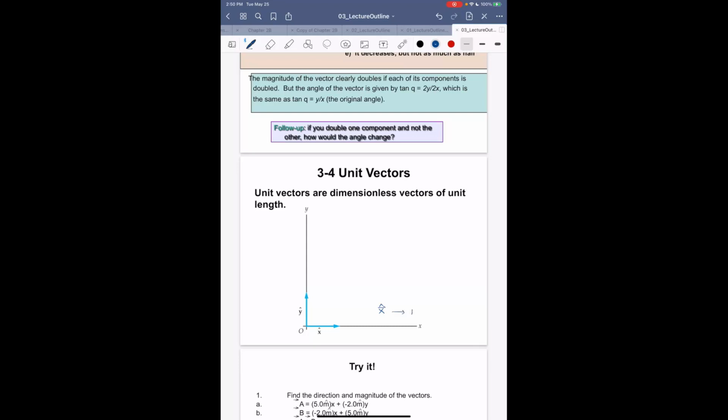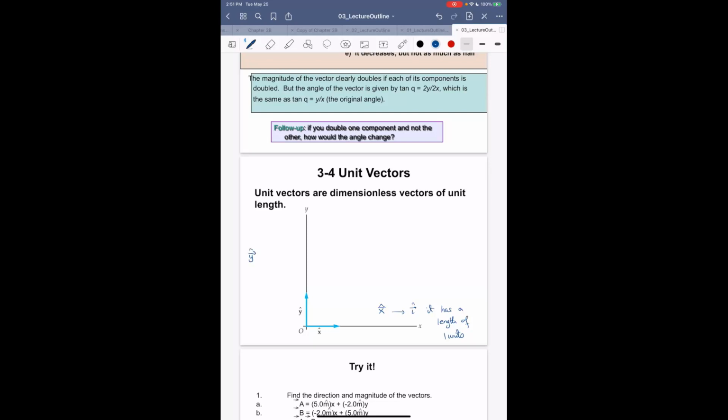Usually in other textbooks we use i for x, the i unit vector, and it has a length of 1 unit from its name, so that it will not affect the magnitude.